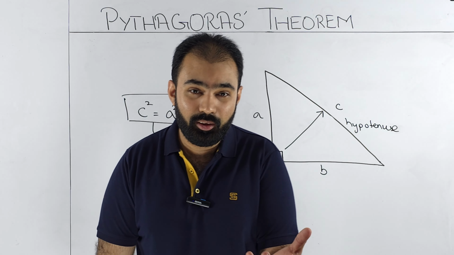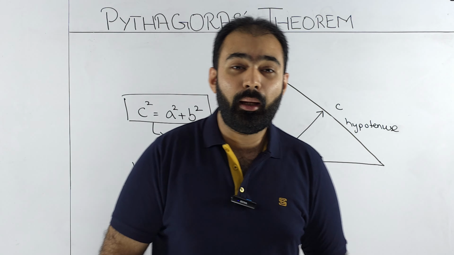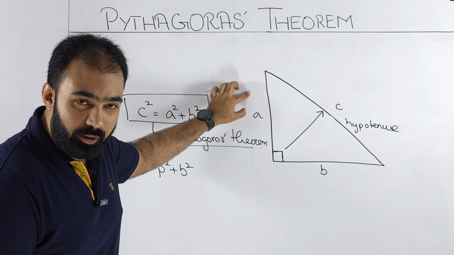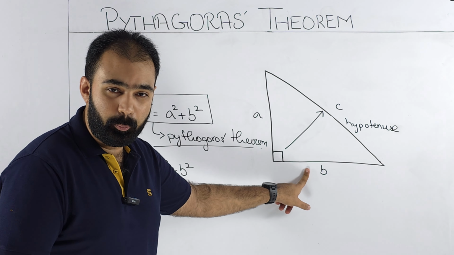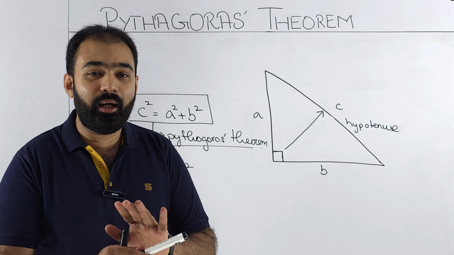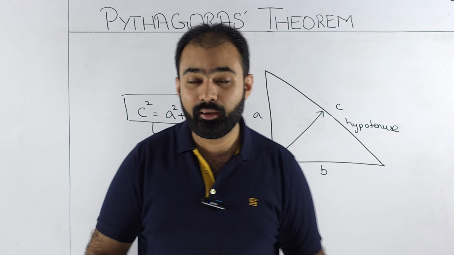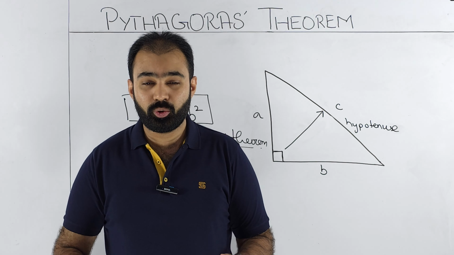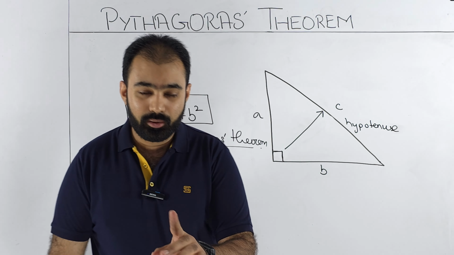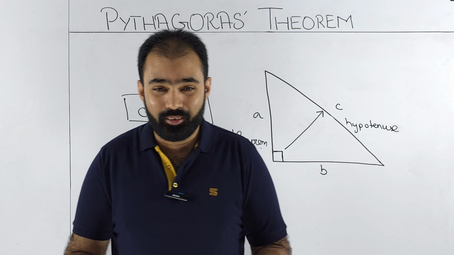And what is the reason why it is an error? Because in this triangle this length is perpendicular and this length is perpendicular, this length is base and this length is base. I cannot decide this myself. So I cannot say which one is perpendicular and which one is base, because that is not my job.